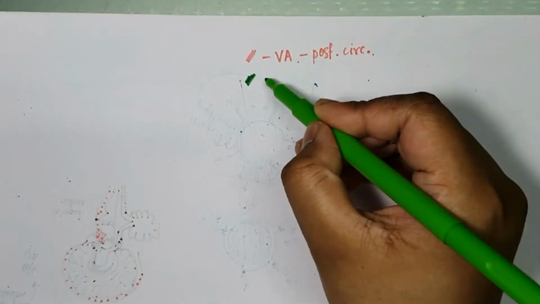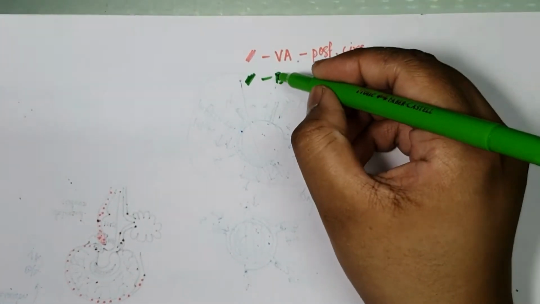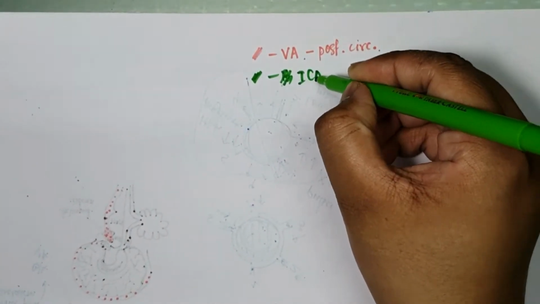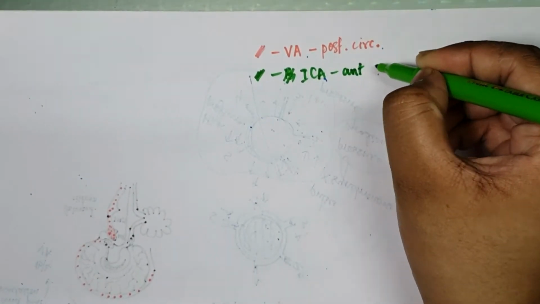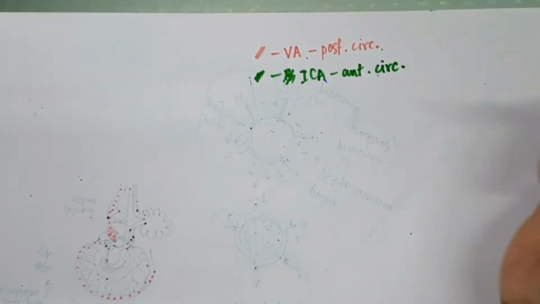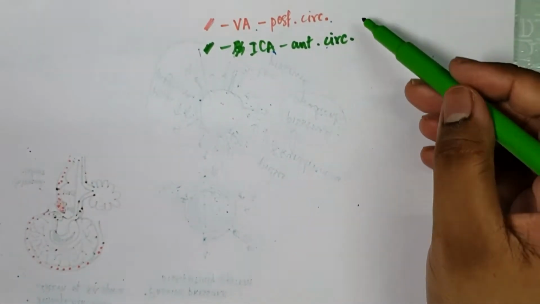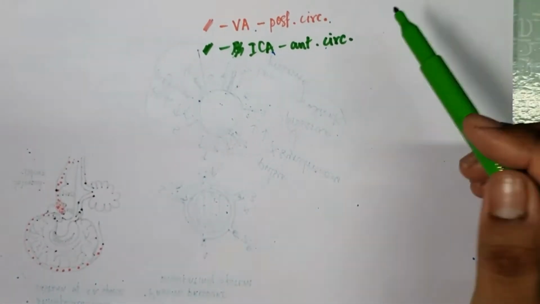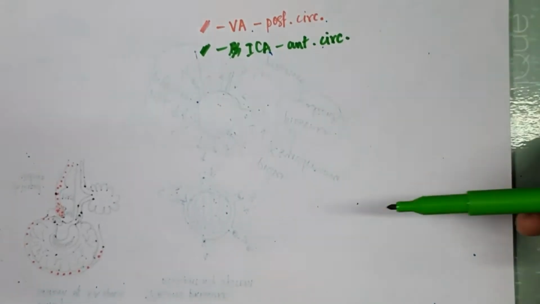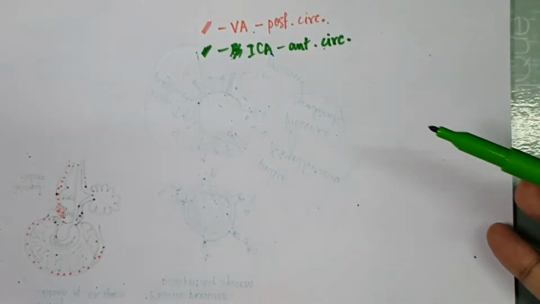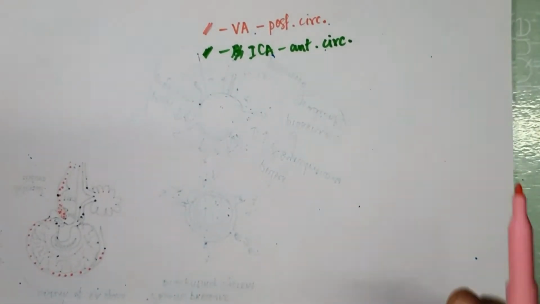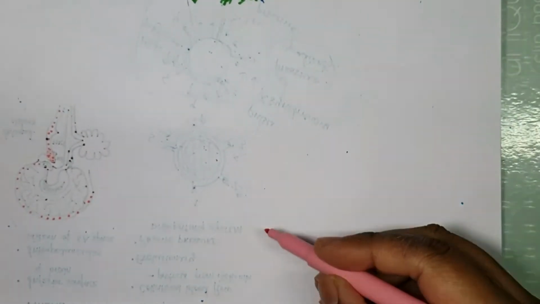And green here is going to be for the internal carotid artery, which supplies the anterior circulation. So you will be able to differentiate at the end of the diagram how the circle of Willis joins these two circulations together.